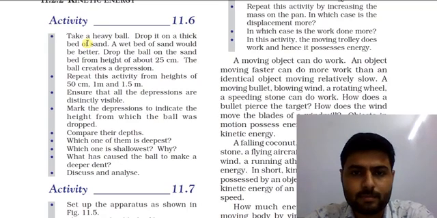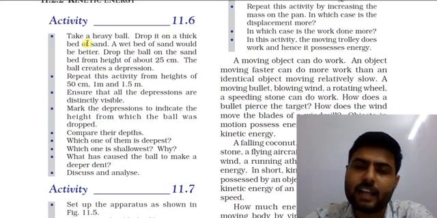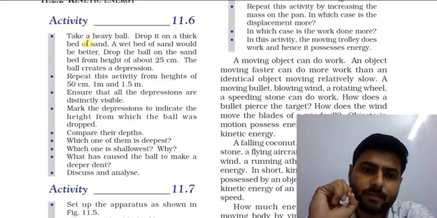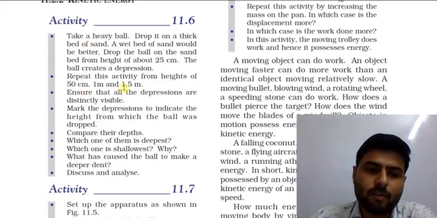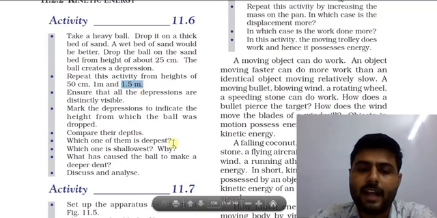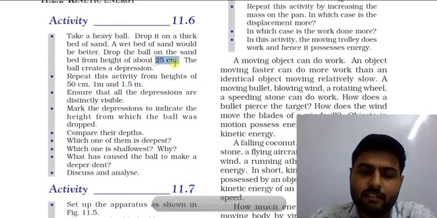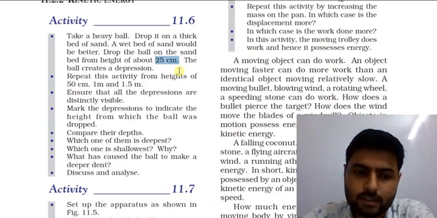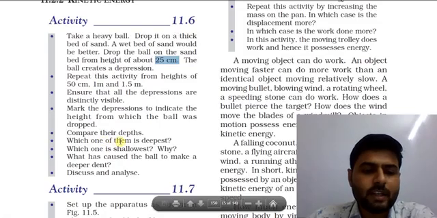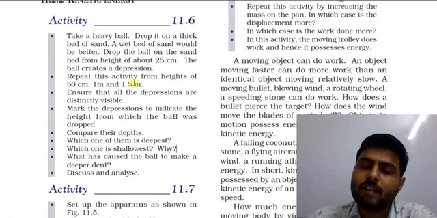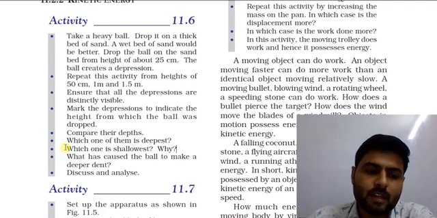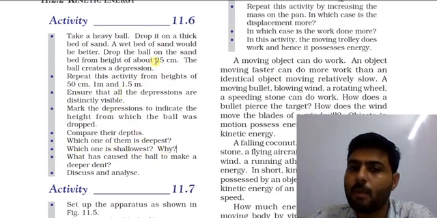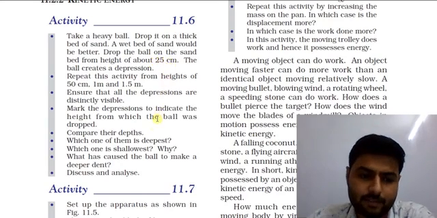Compare the depth. Without doing any experiment, we can say that there will be larger depression when we release the ball from 1.5 meter height, and there will be less depression when we release the ball from 25 centimeter height. That is obvious. Which one of them is the deepest? 1.5 meter height will be deepest. Which one is the shallowest? The shallowest depression is when we release the ball from 25 centimeter height.